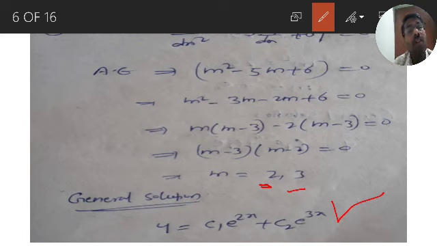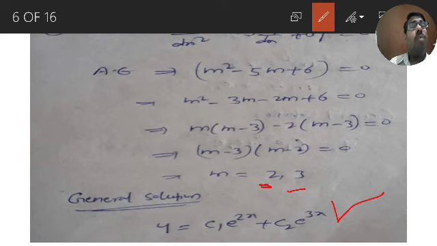If you take first 3, then 2, y is equal to c1 into e power of 3x plus c2 into e power of 2x. Any order you can take. Don't worry about the order. First 2 then 3, or first 3 then 2, both are the same general solution.